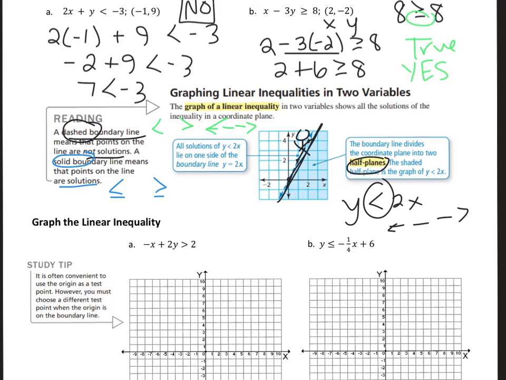If they're on this side of the ladder, they're going to fall off. So you'd walk up the ladder this way. And because it's less than, I shade under their feet. You shade under the ladder if it's less than, over the ladder if it's greater than. I'll do examples on the next part.